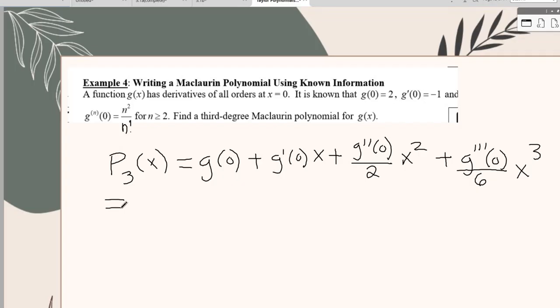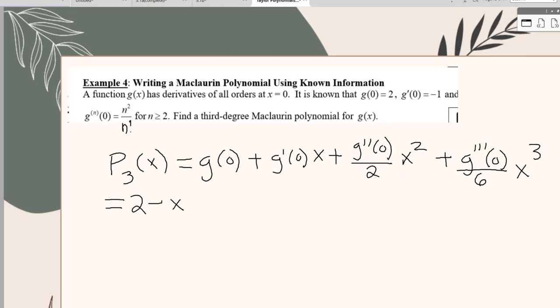So notice that they're nice and they gave us 2 things to start with. So what is g of 0? Okay, and then what is g prime of 0? So I should get 2 minus x there. Are we okay with that? Then, for my next 2, we actually have to do a little bit of thinking. I have g double prime, right?